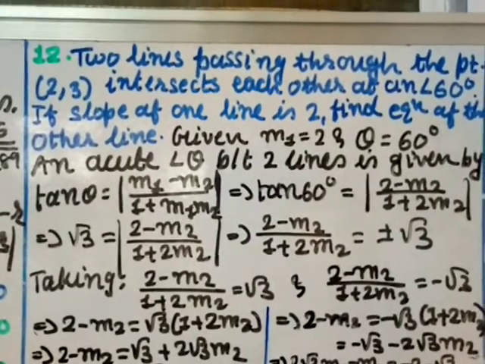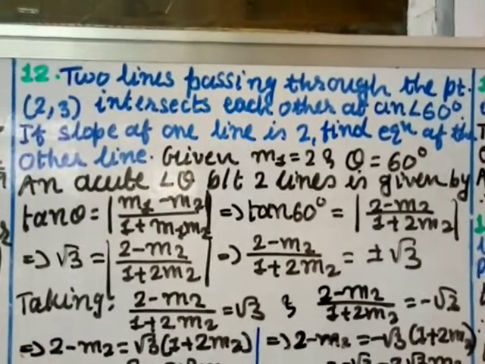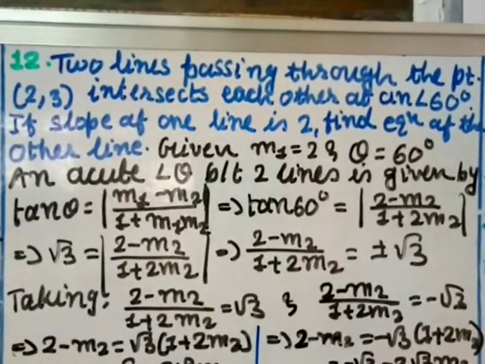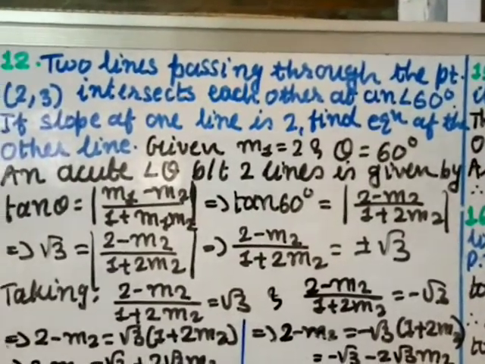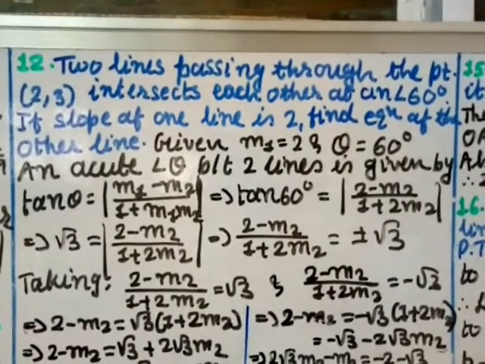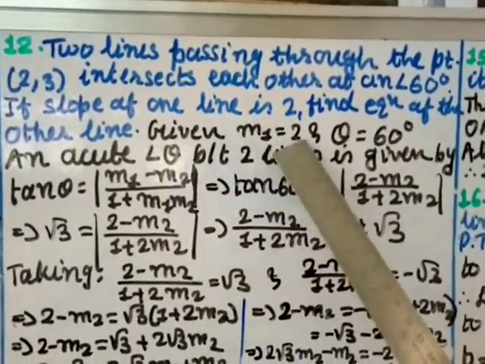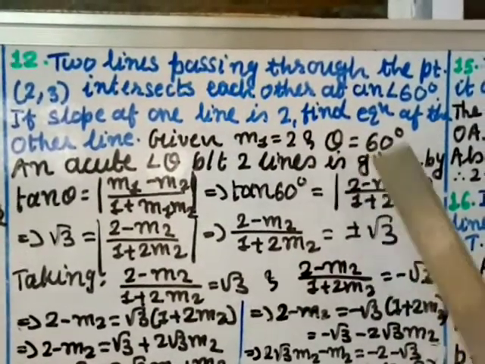Question number 12. Two lines passing through the point (2, 3) intersect each other at an angle of 60 degrees. If the slope of one line is 2, find the equation of the other line. Given that the slope of the line is 2, call it m2, and the angle it makes, theta, equal to 60 degrees.